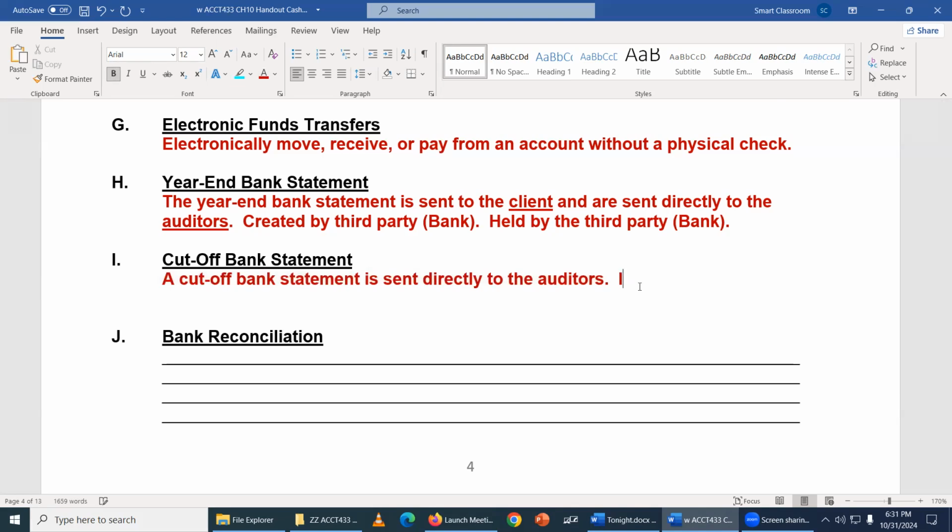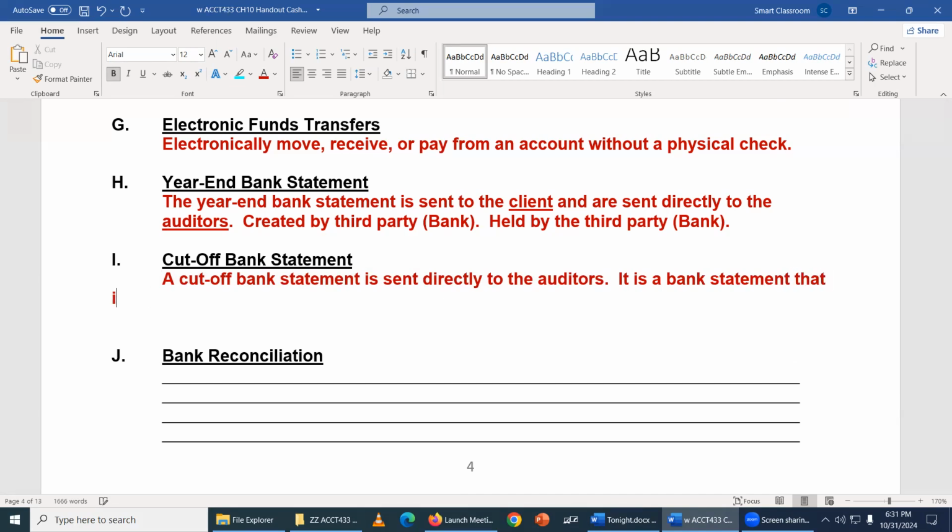And it is a bank statement that is created usually between 7 and 14 days in the following period.